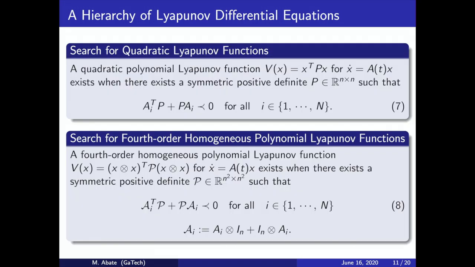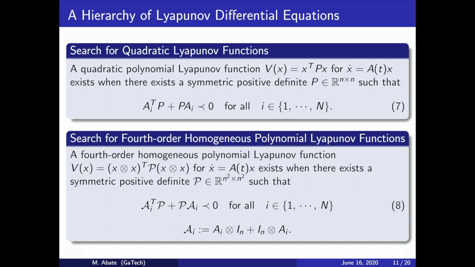This creates an intuitive procedure for searching for homogeneous polynomial Lyapunov functions for switched linear systems x dot is equal to ax. That is, one can first search for a quadratic Lyapunov function for the system x dot is equal to ax by searching for a P-matrix which satisfies the Lyapunov constraint 7.